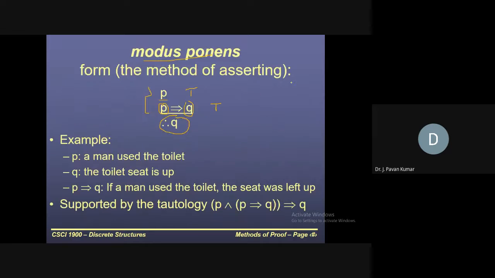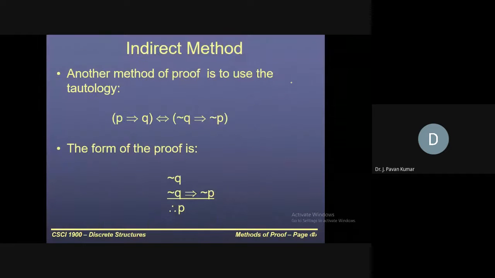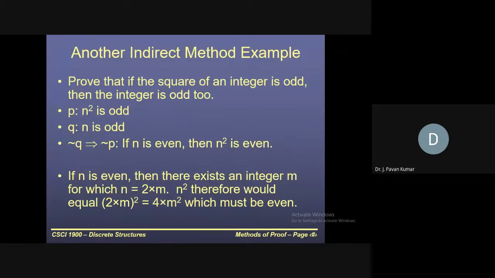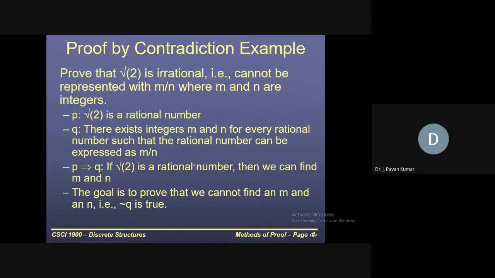Quickly I'll go through this. These we have seen in the previous class itself, and we stopped here. Proof by contradiction. Here we are saying P implies Q is true, and negation Q. Then what is the conclusion? Negation P. How can we prove this? We have seen one example: square root of 2 is irrational. This is what we have to prove.